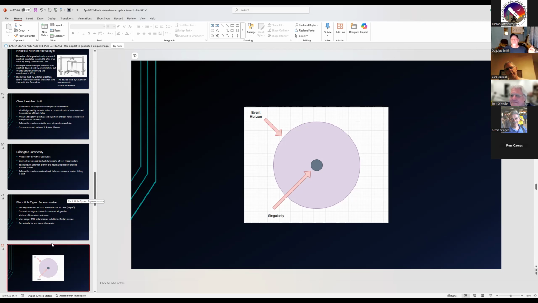It's troublesome for people to understand how all of that mass can be down to one point. And yet at the same time, the Big Bang was a point that grew to the universe. We have no problem with that part.